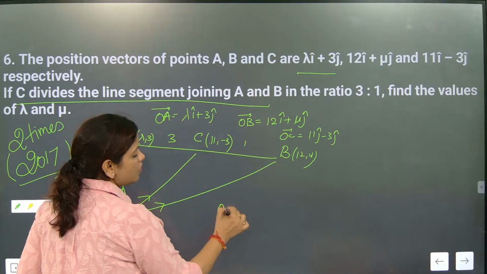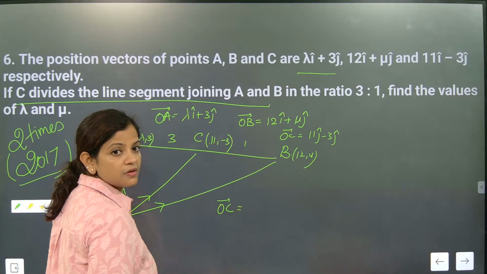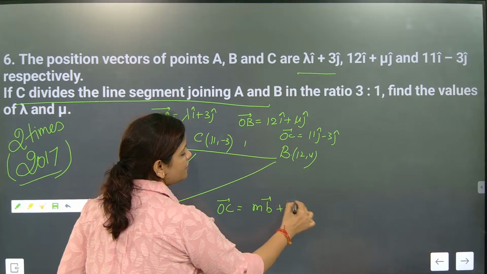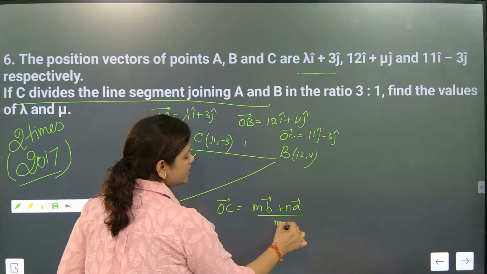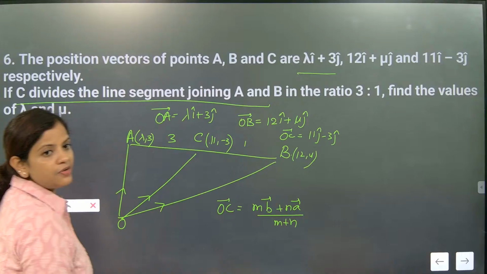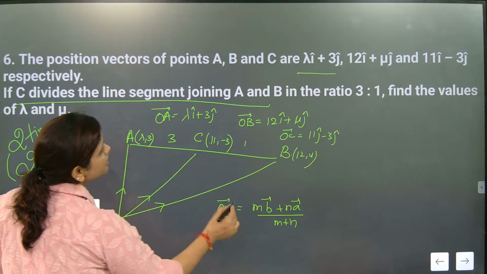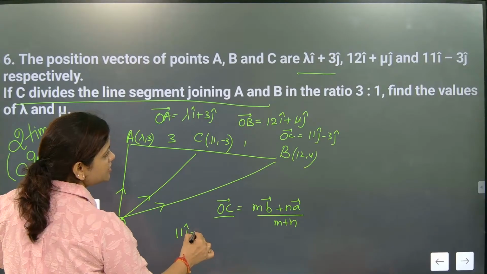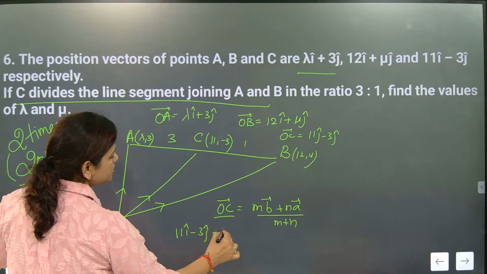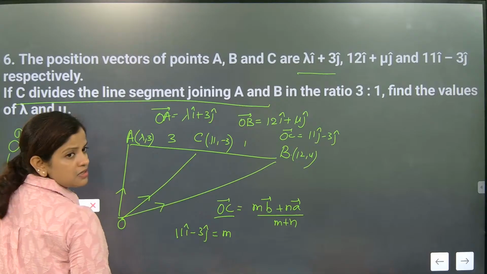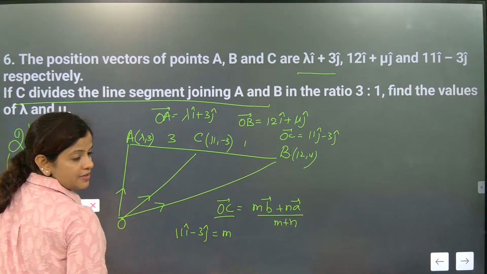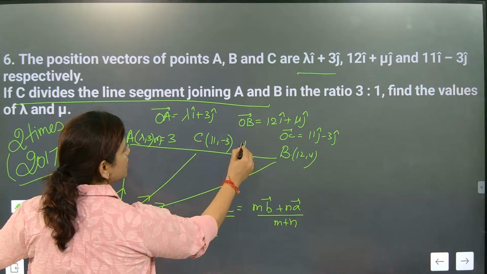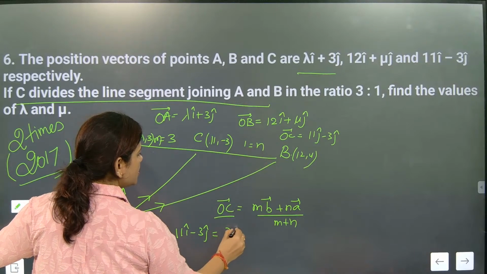So the internal OC vector is equal to (M times OB vector plus N times OA vector) by M plus N. Written in component format, 11i cap minus 3j cap is equal to, M is how much, beta? 3. N is 1. So 3 B vector.